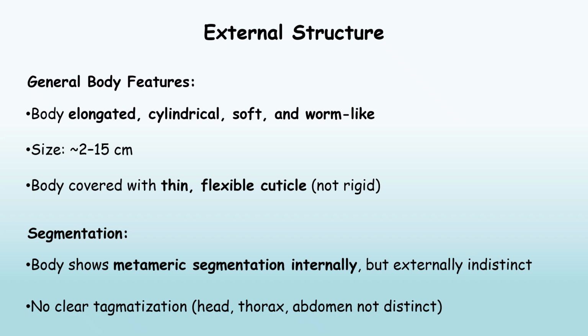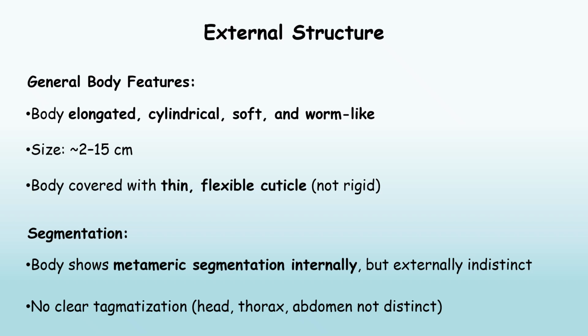Coming to segmentation, the body shows metameric segmentation, but the segmentation can be observed only internally. The body is not externally distinct, with no formation of segments externally, but internally we can observe the segmentation.